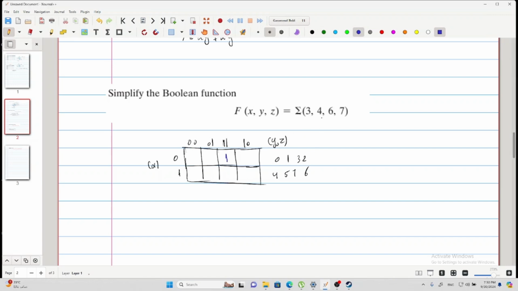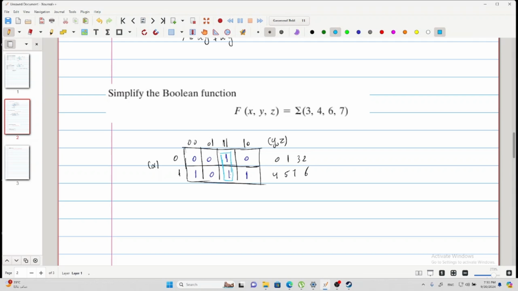So we have 3 is here, and then we have 4, and then you have 6 and 7, which is here, and then the rest are 0. This is a very good example to illustrate some of the things we said. The obvious thing is just to group these 2 together, vertically like this.